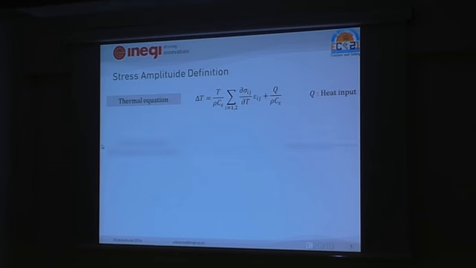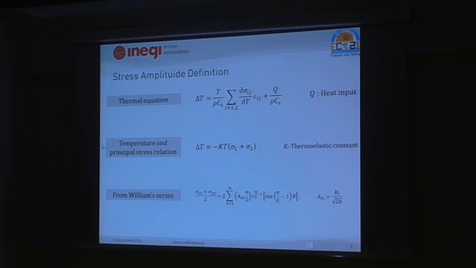If you start out with the usual thermal equation, you arrive at a very well known expression. So this is the first stress invariant, and from the Williams series, you can combine them to find an expression for that invariant.